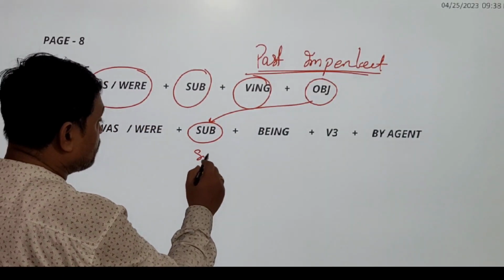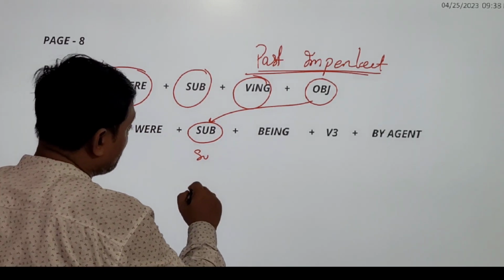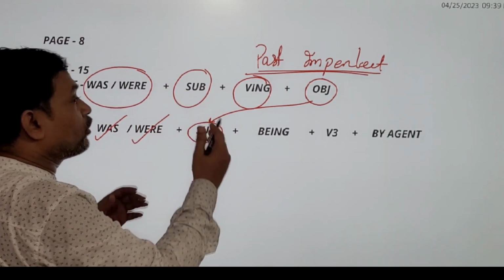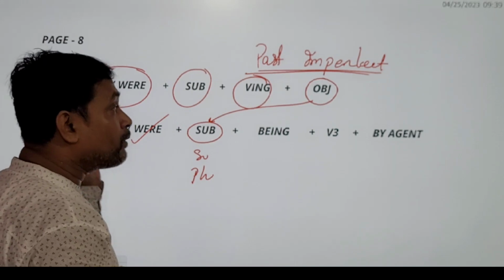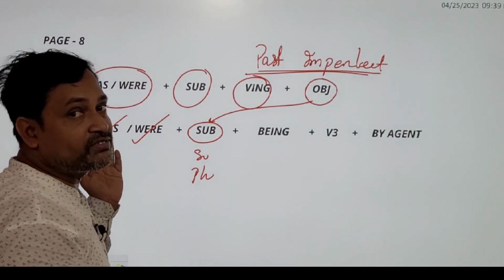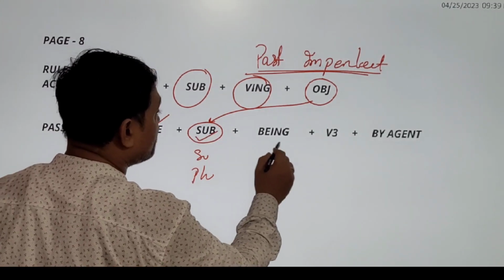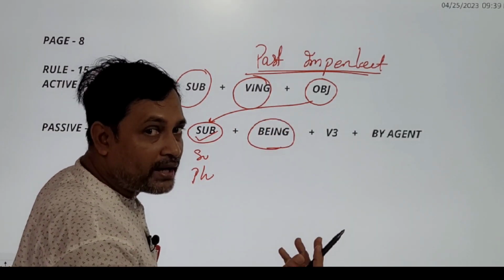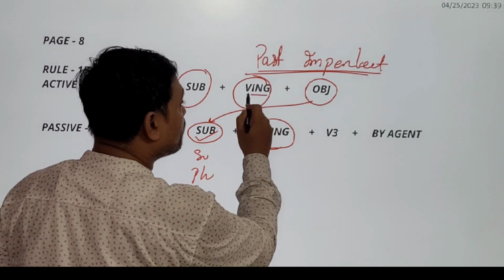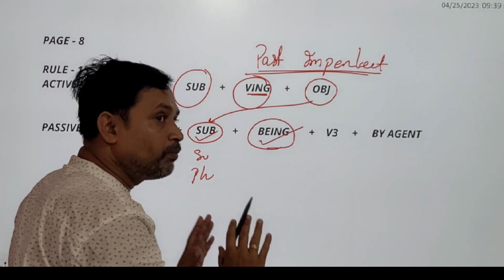And if it is singular, was will be placed. If it is plural, were will be placed before the subject. Why? Because it is an interrogative sentence. Clear? So was or were, then subject, then being. Why being? Because verb with ing, so being will be placed.